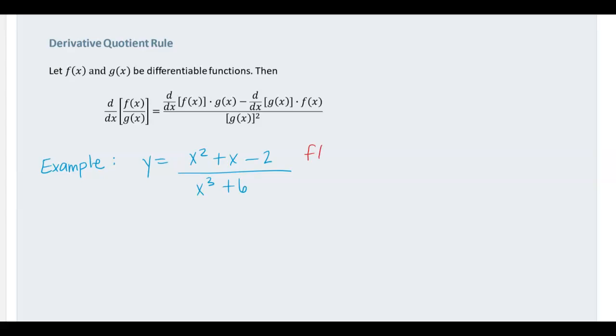We'll call this one f of x, and we'll call this one g of x. The derivative of the function in the numerator is 2x plus 1. And the derivative of the function in the denominator is 3x squared.